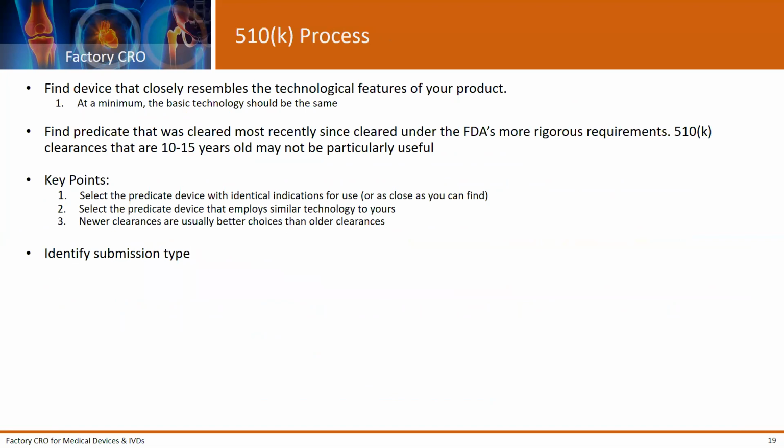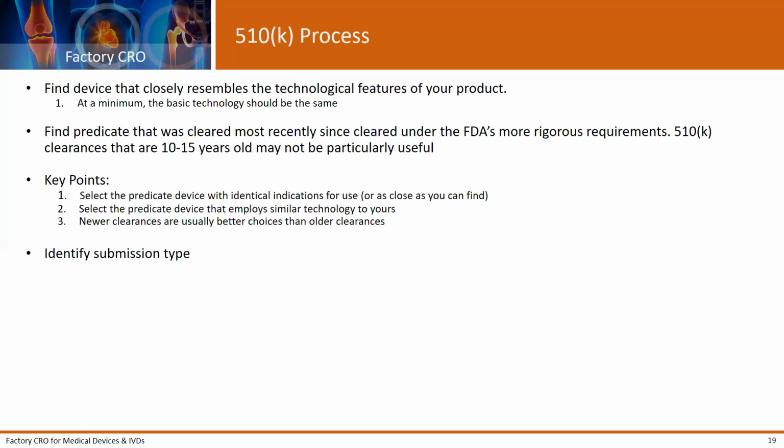Key points: select predicate devices with identical indications for use. Select predicate devices that employ similar technological features. And newer clearances are usually better than older ones.